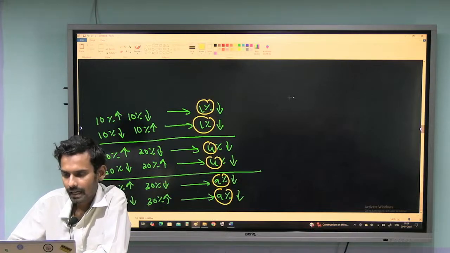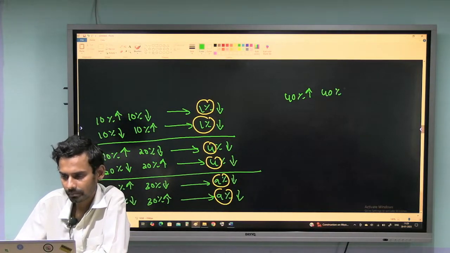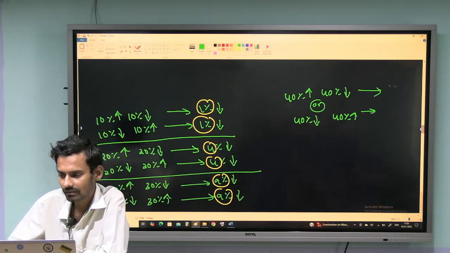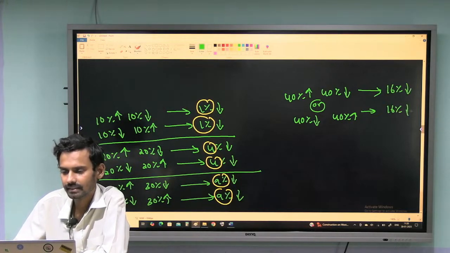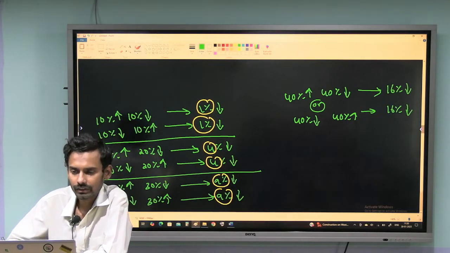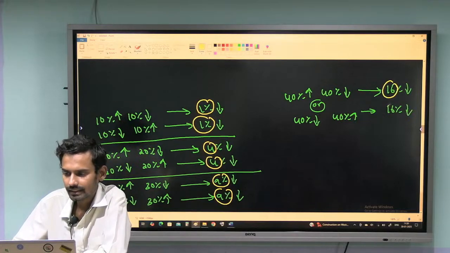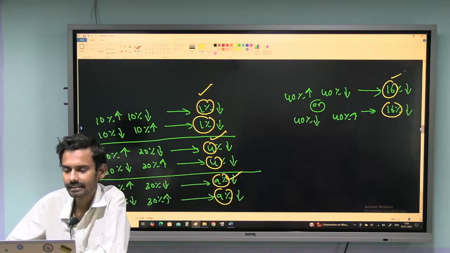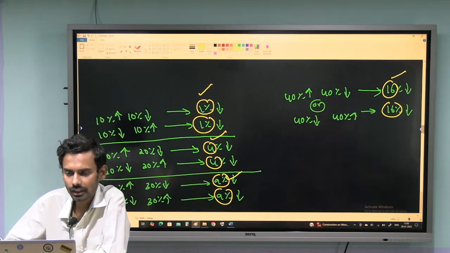If I am increasing something by 40% and decreasing it by 40%, or first decreasing by 40% and then increasing by 40%, in both cases my answer will be 16% decrease. So if you observe the pattern, these are all square numbers, right? 1, 4, 9, 16. So the short trick will be like this.